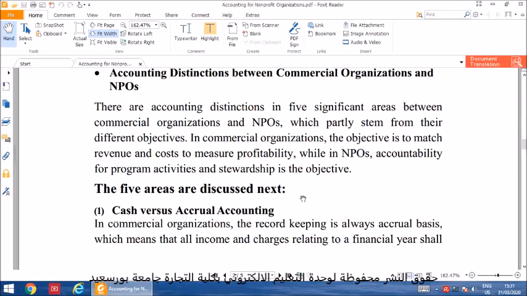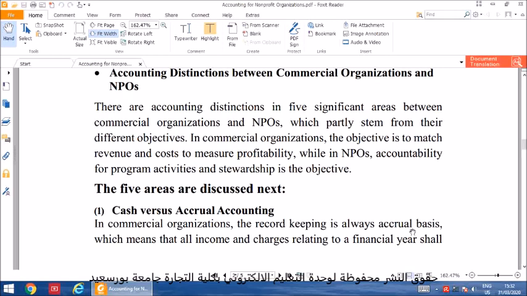Firstly, the first difference: cash versus accrual accounting. We have 2 bases of accounting, cash and accrual. In commercial organizations, the record keeping is always accrual basis. We did mention this during the first year, in principles of financial accounting.